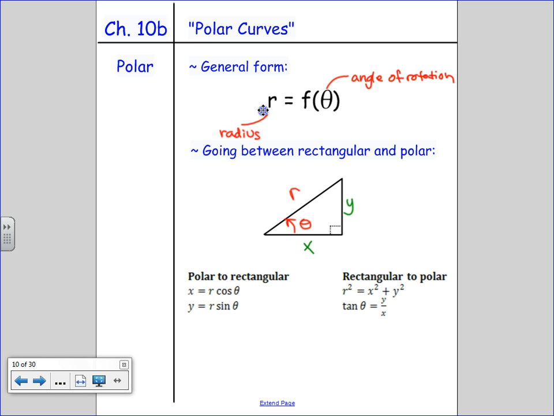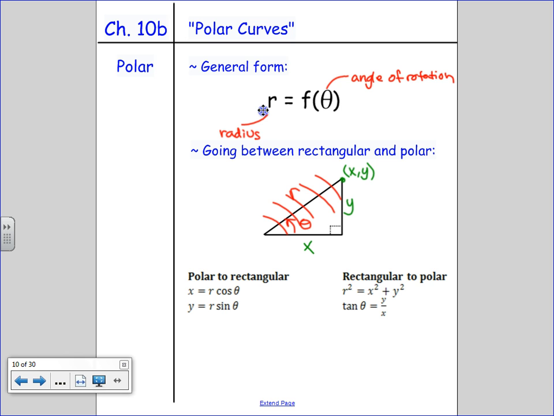Going in between, first of all, just relating it to what we do know, going between rectangular and polar. For a rectangular point, you go a horizontal distance, you go a vertical distance, and you get to the point xy, right? Polar, a little bit different. You turn from a standard position, you turn a certain angle, and you go out a certain radius, which depends on the units.